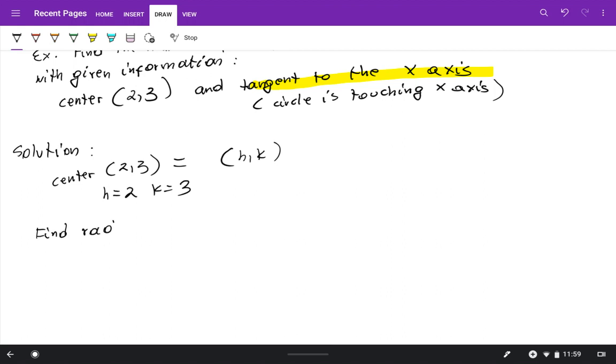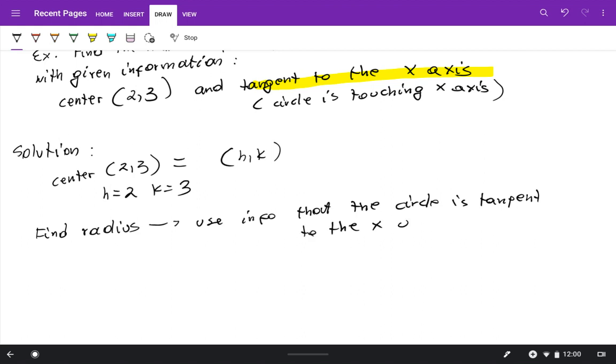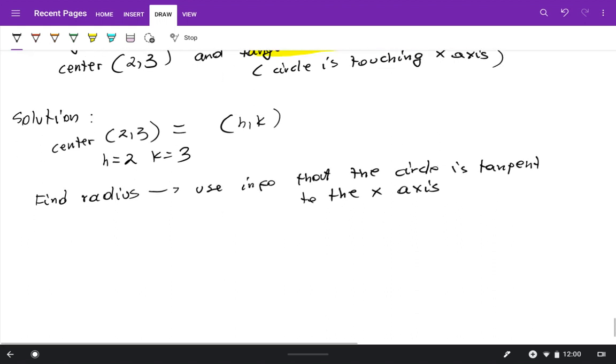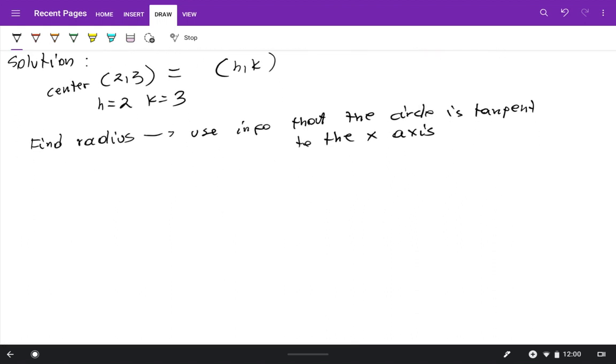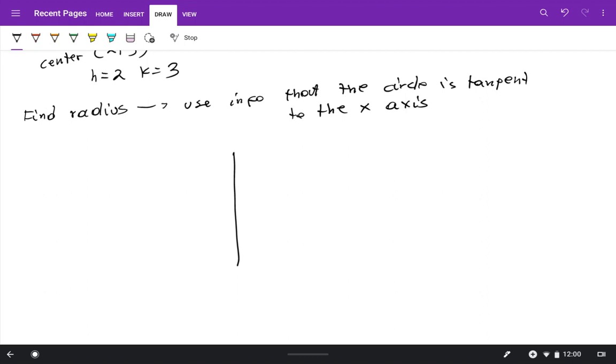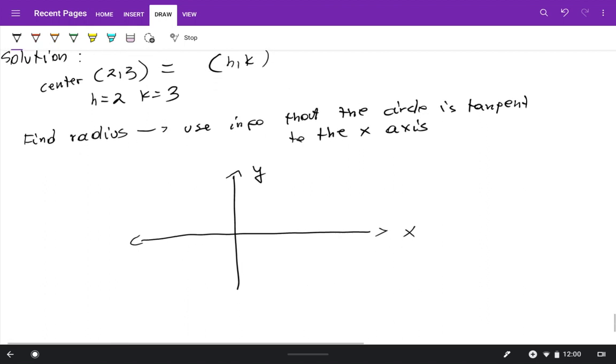To find that radius, use the info that the circle is tangent to the x-axis. That means the circle touches the x-axis. Okay, so the best way to see that radius, you guys want to graph it. We know the center 2, 3.